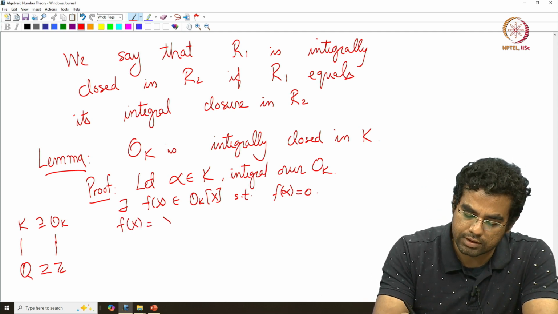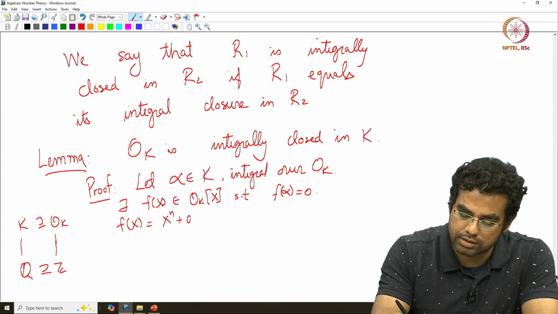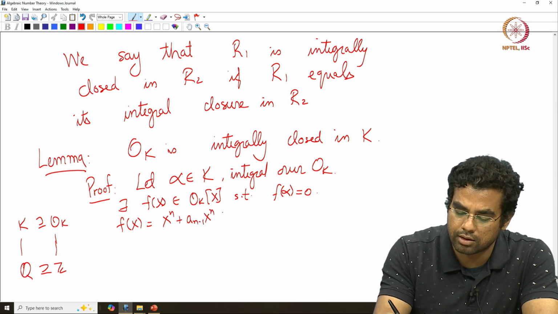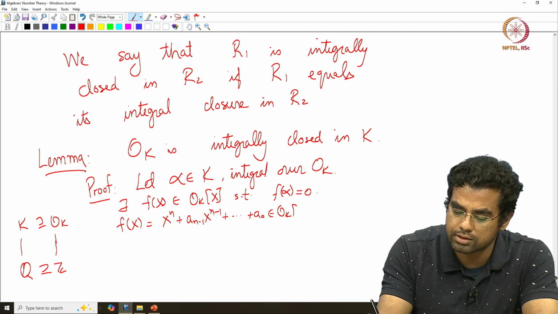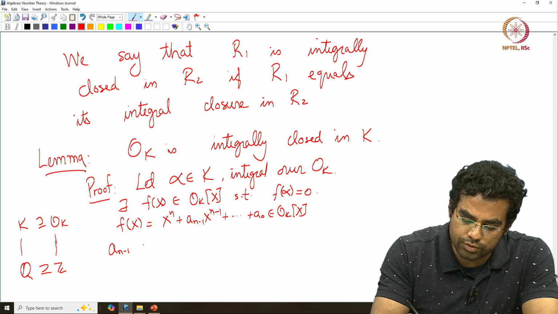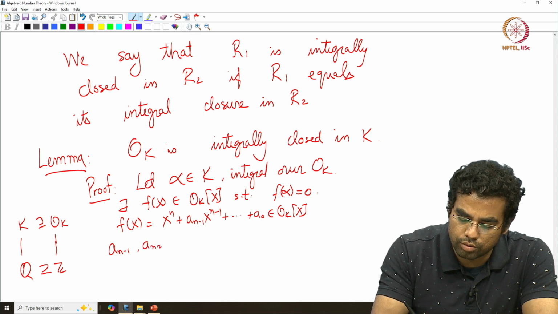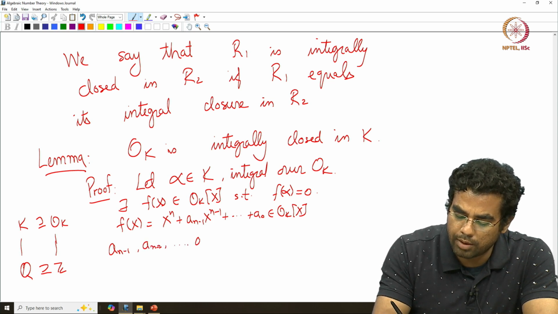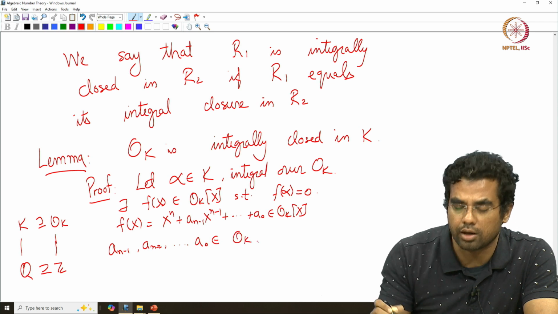So, f(x) is x^n plus a_{n-1} x^{n-1}, and so on up to a_0, in O_K[x]. Right. All right. So, this means that a_{n-1}, a_{n-2}, etc. up to a_0, these are all in O_K.